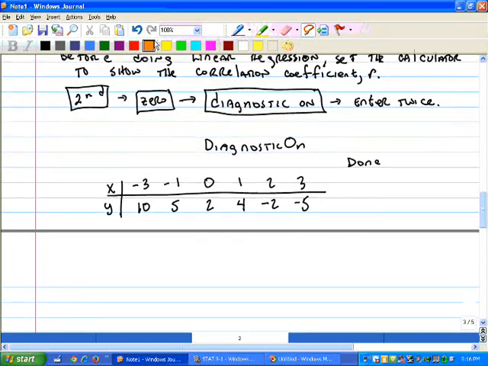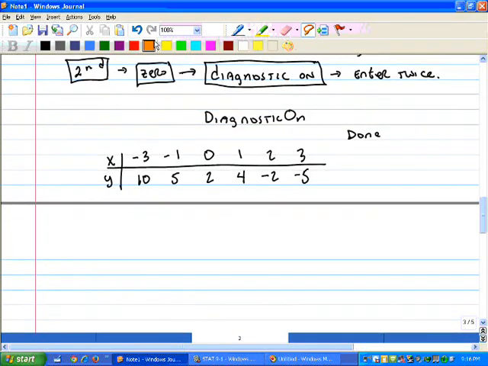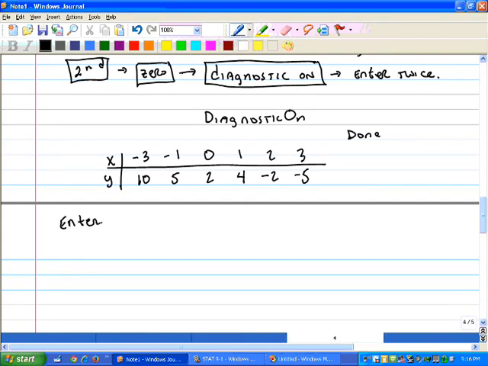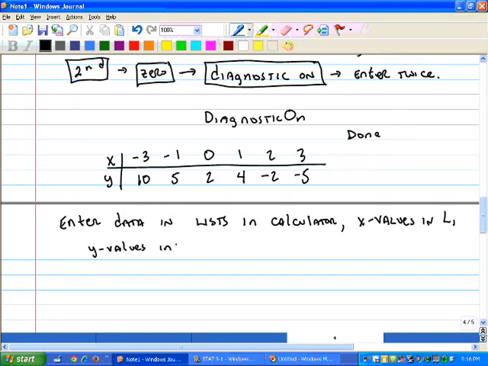Our data set has 6 ordered pairs we're going to enter in the list on the calculator. X values in list 1, Y values in list 2.